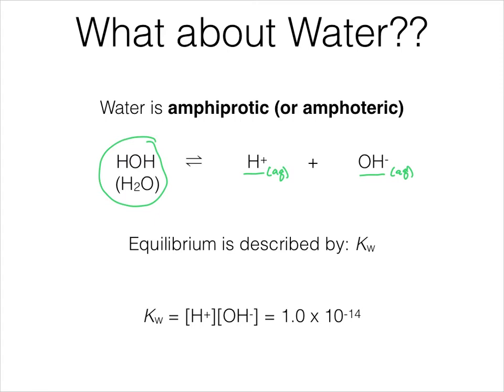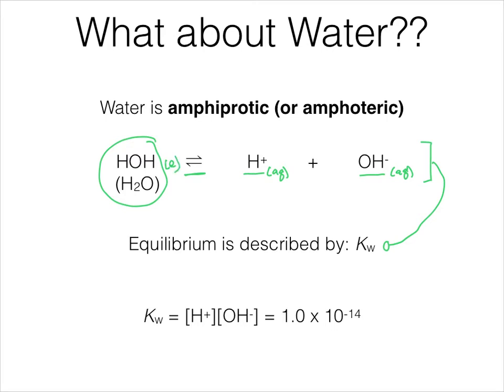Now, this is an equilibrium reaction happening here. It turns out that water is both a weak acid and a weak base. This equilibrium reaction of water is described by the Kw and is given as the products divided by the reactants, just like all Ks.